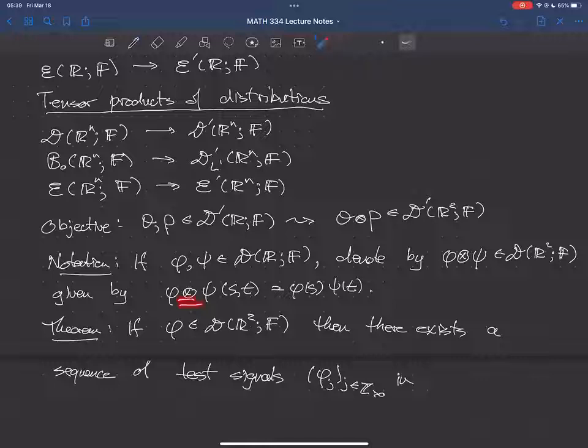Namely, they're going to be linear combinations of these.